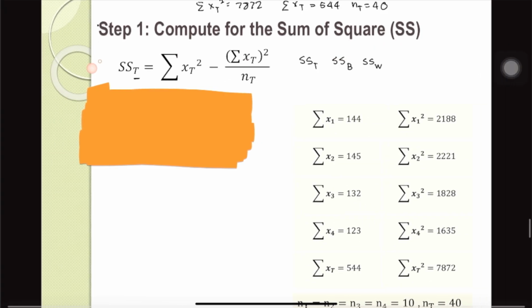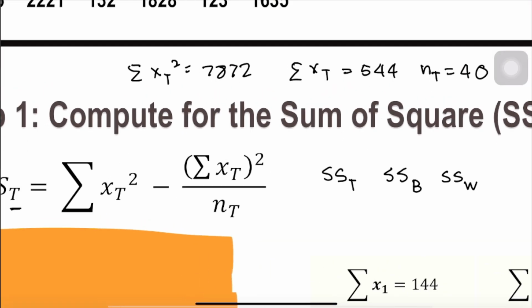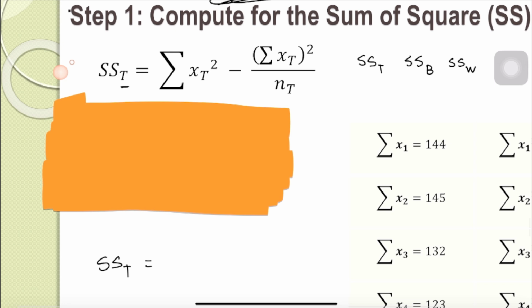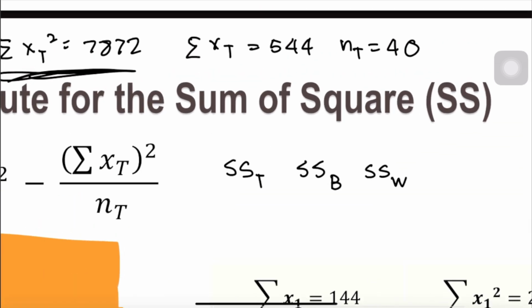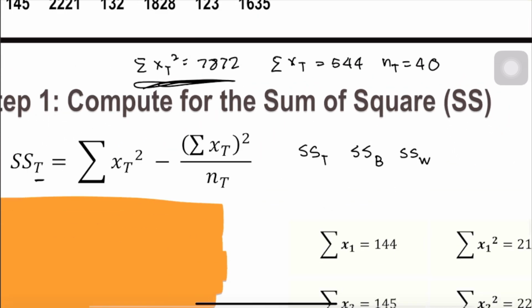Okay, now that we have the values, we're just going to write down the values sa formula. So isulat natin yung formula. SST is equal to sum of x total squared. So ito yon, x total squared, so 7872, minus sum of x total, tapos squared.